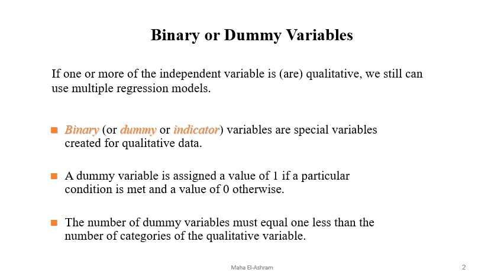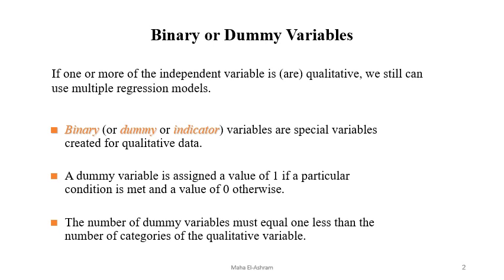We will use what we call binary or dummy or indicator variables. So binary variables or dummy variables are used to represent a qualitative variable in a multiple regression model.